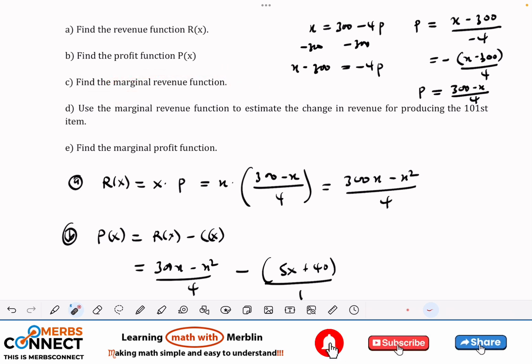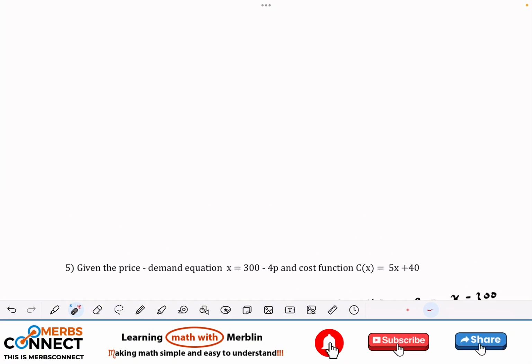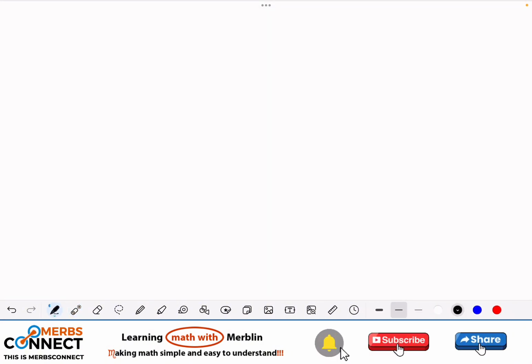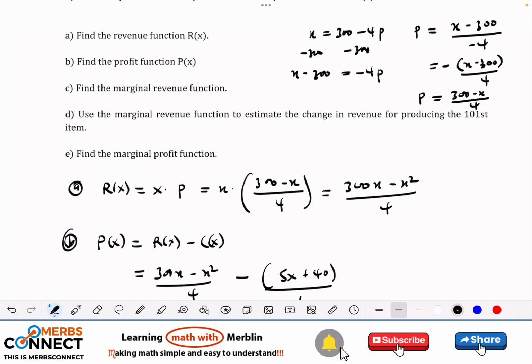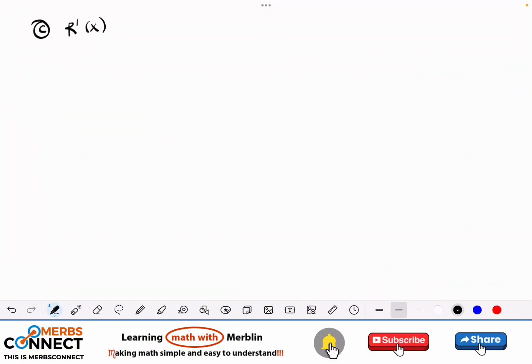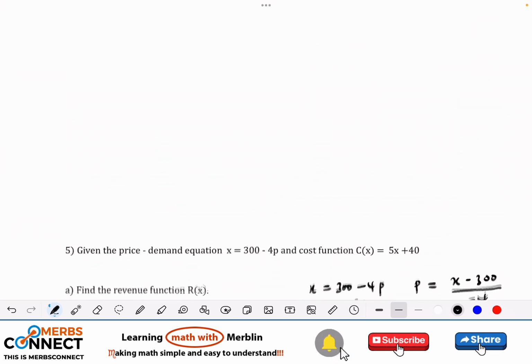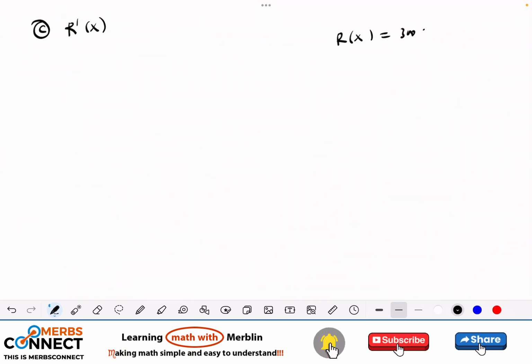So the marginal revenue function is just the derivative of the revenue function. So let me put it up here. For part C, we want to find the marginal revenue. So marginal revenue is just R prime. We have R of x equal to (300x minus x squared) divided by 4.